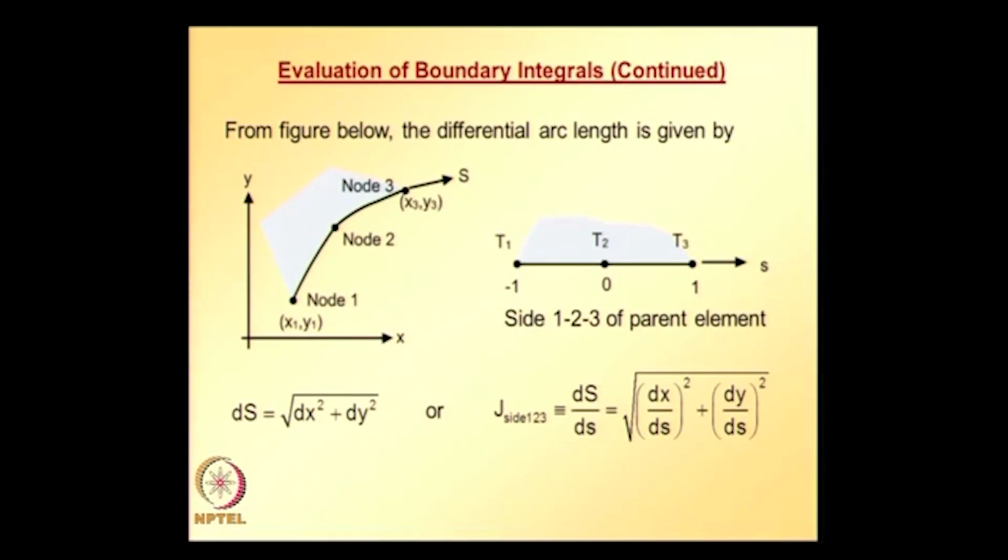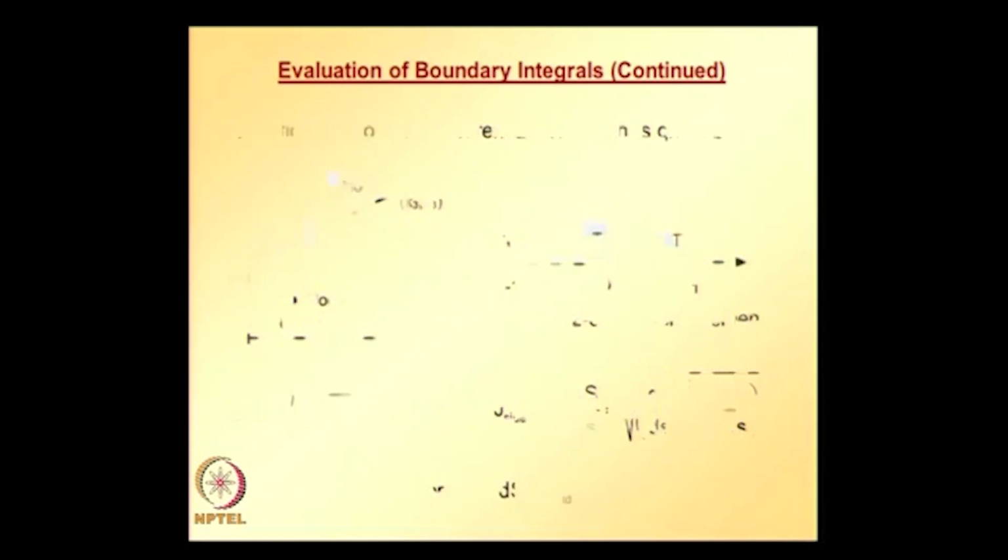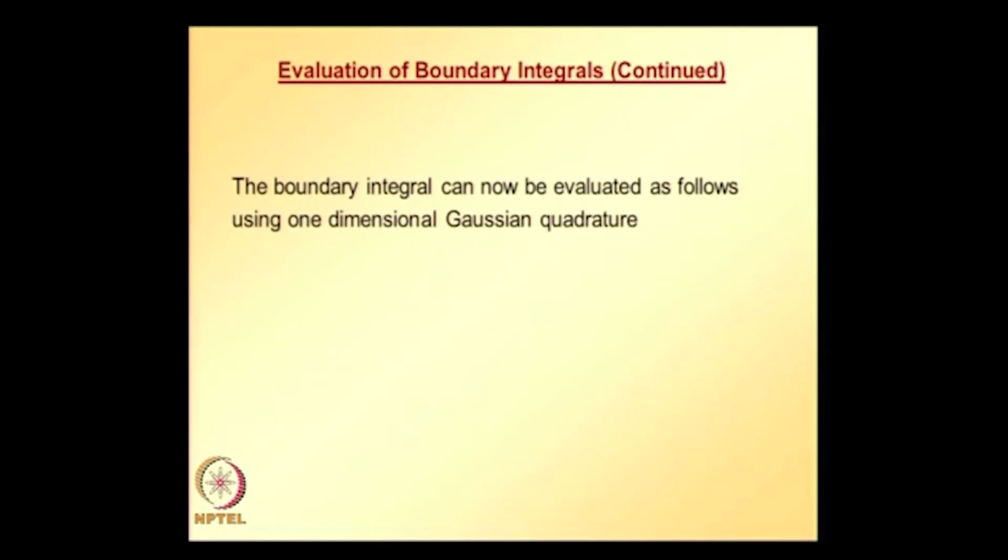When we divide that equation on both sides by ds, we get the relation for the Jacobian along side 1, 2, 3. So once we have this, we can change the limits of integration and use one dimensional Gaussian quadrature. This is for the integral r beta.